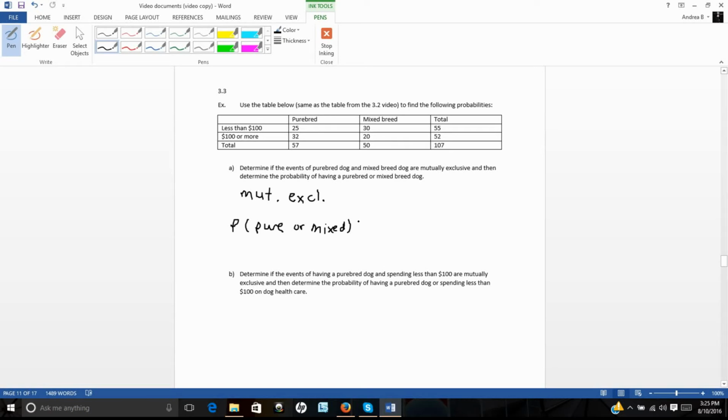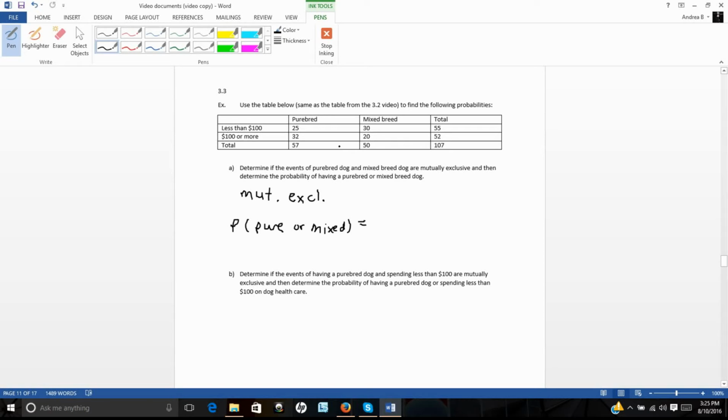That's the same thing as saying probability of it being purebred plus the probability of it being mixed breed. So if they're mutually exclusive, remember just like it has in your book, that means you can just add those two probabilities separately together to get the total probability there.